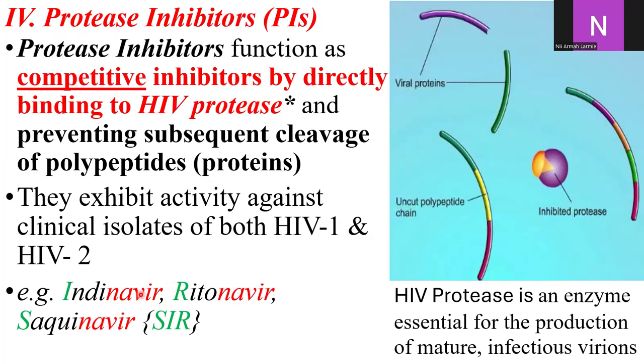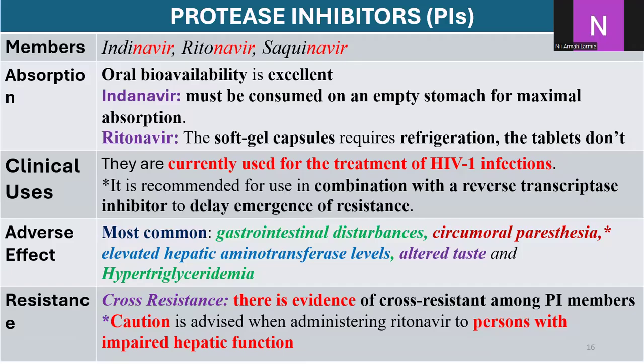These are the ones we said are identified by the NAVIR. So indinavir, ritonavir, saquinavir, lopinavir, etc. Our protease inhibitors are available as oral drugs. Their bioavailability is excellent if you give them orally.